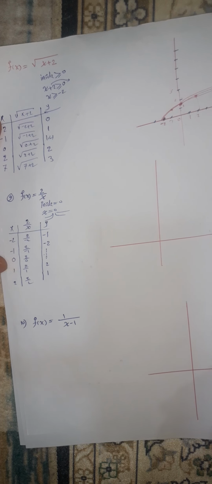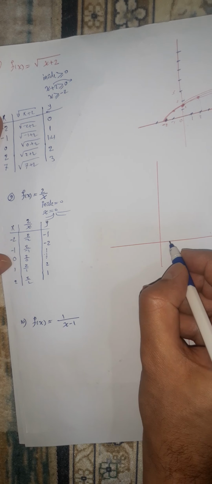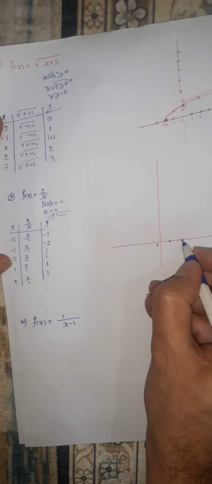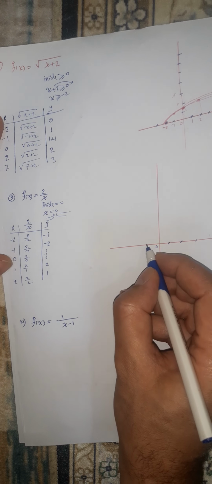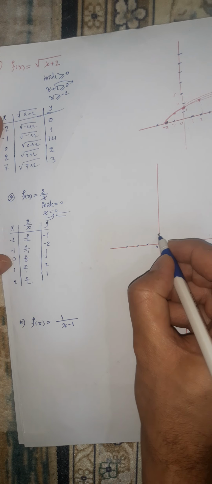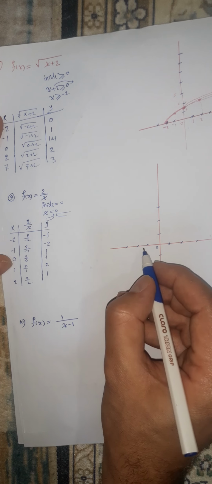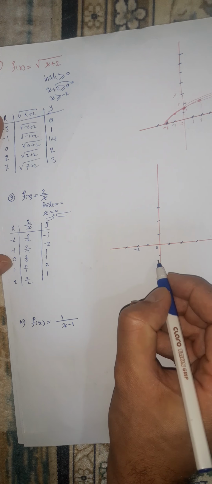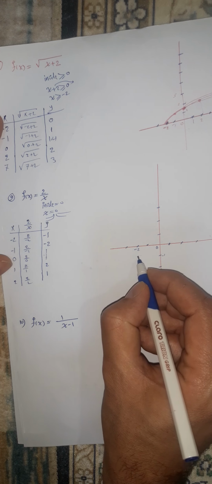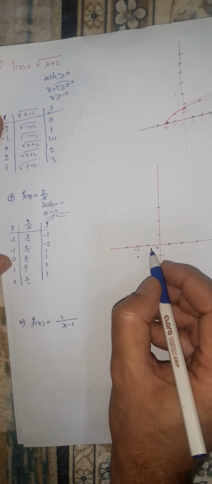Put them on the coordinate plane. (-2, -1) is the first point, (-1, -2).